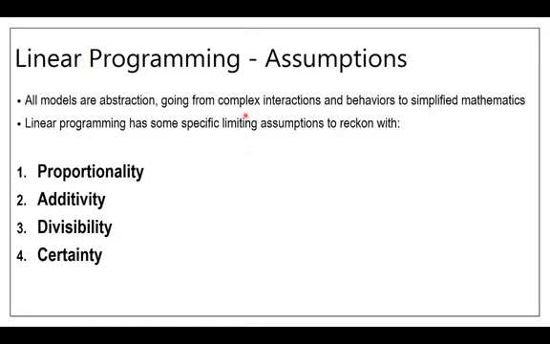We're trying to deal with a world of complex interactions and behaviors and put together a math model for it. Well, that imposes some limits on its own, and then doing this linear programming approach has some of its own specifics. And these are the four that are most commonly cited: proportionality, additivity, divisibility, and certainty.